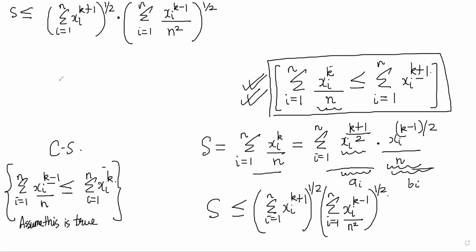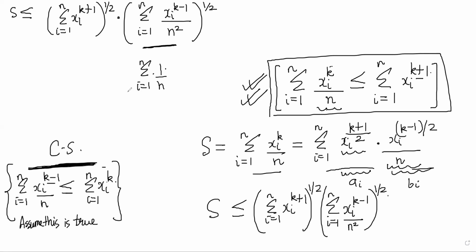Great. Now, using the fact that the k minus 1 case is already true, I can rewrite this part as summation of i goes from 1 to n, keep 1 by n like this, xi power k minus 1 by n.